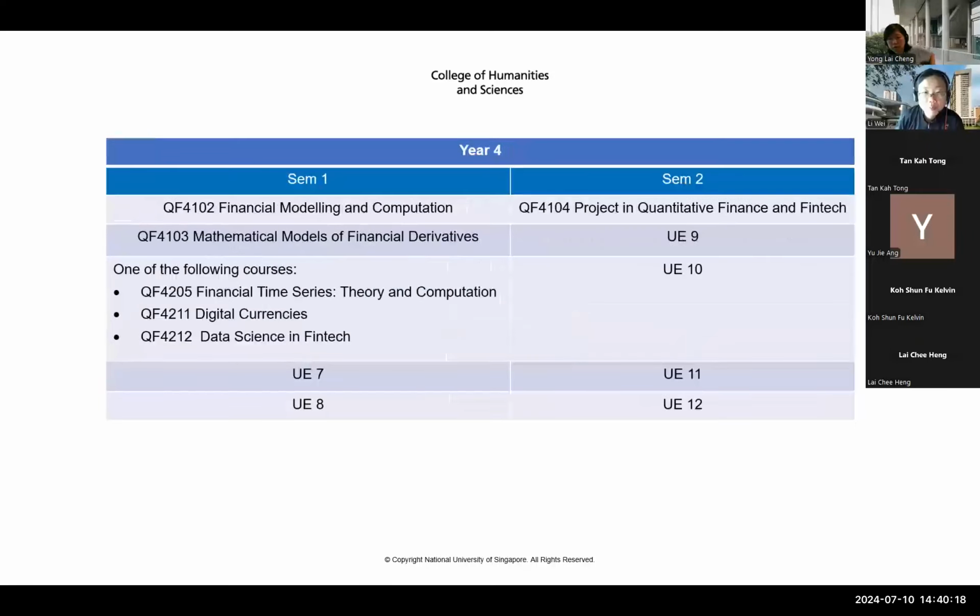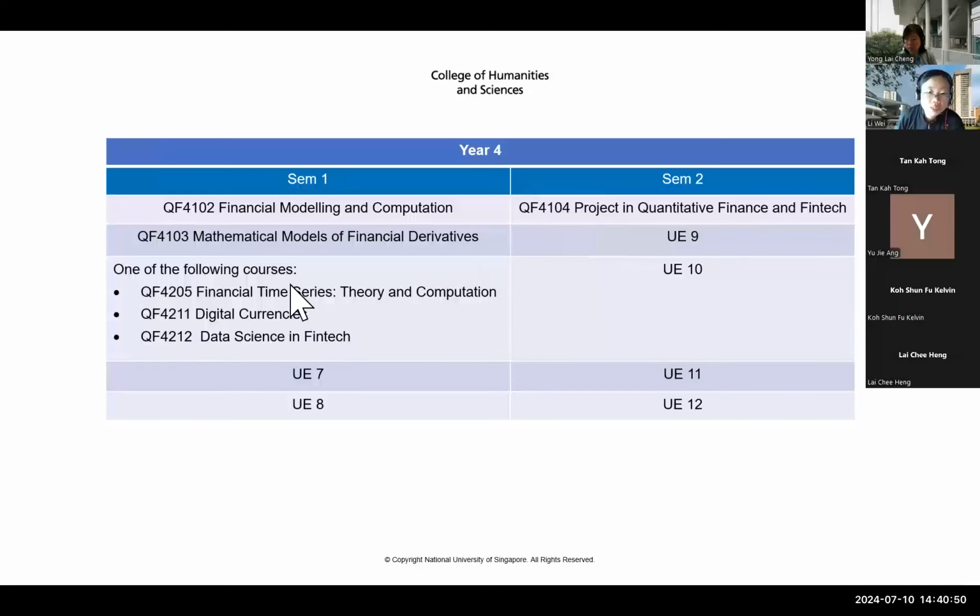And in the last year, if you decide to do the project, then I have no additional requirement on your intern. But for QF students, I strongly suggest you to take an intern because later on when you find a job, the working experience is very important, okay? Assume you take the capstone module, the QF 4104 in semester 2, then in semester 1, you finish QF 4102, QF 4103, and one of these 3.